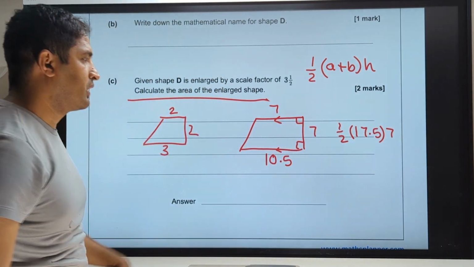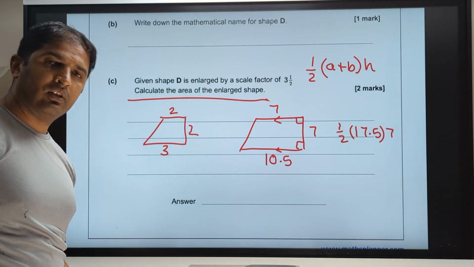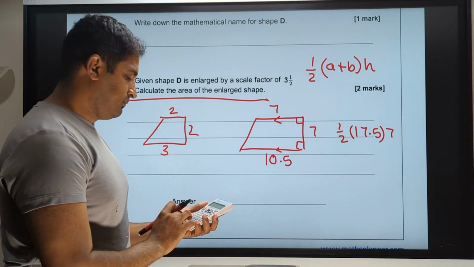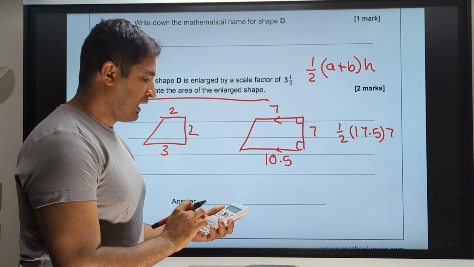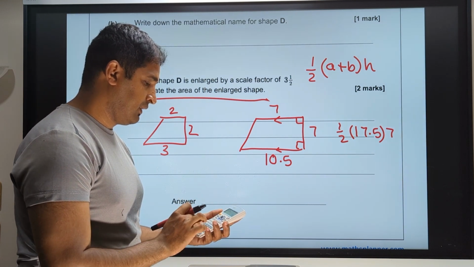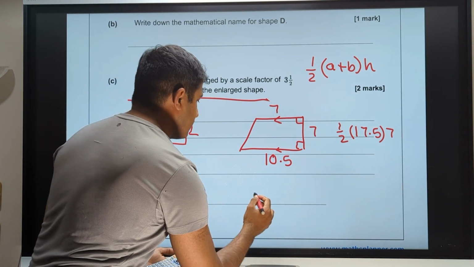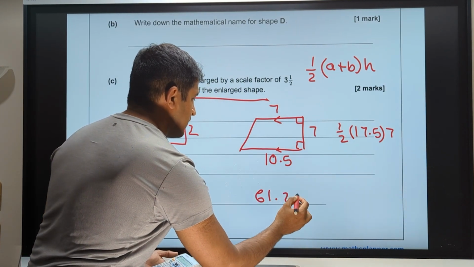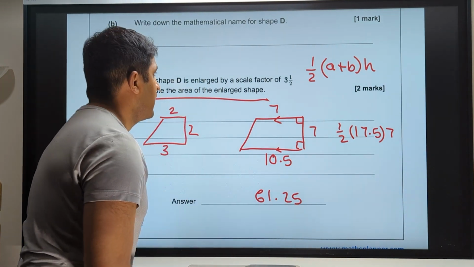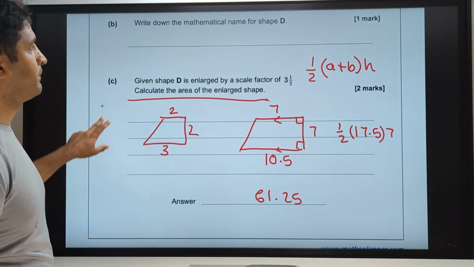We're putting that in the calculator, it gives you the area of this trapezium. Half times 17.5 times 7. I get 61.25. Okay, that's the area of that enlarged shape.